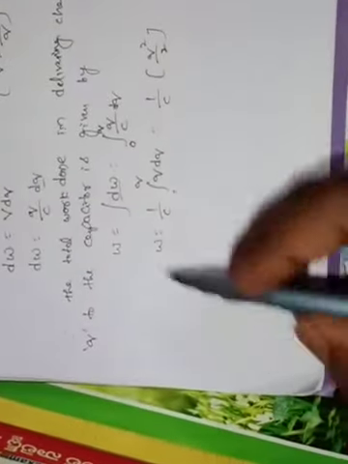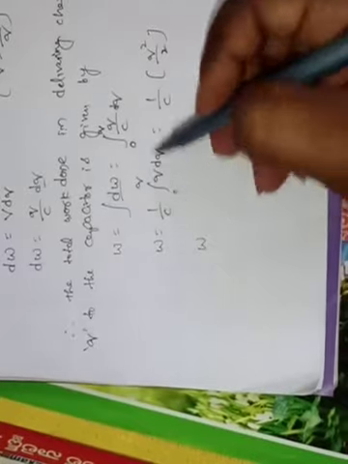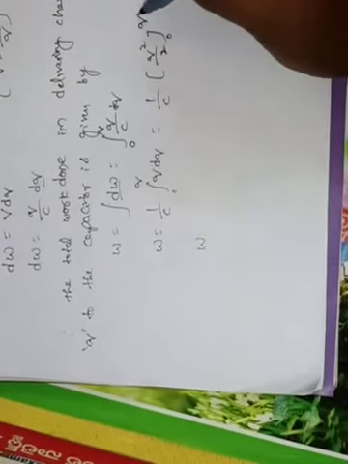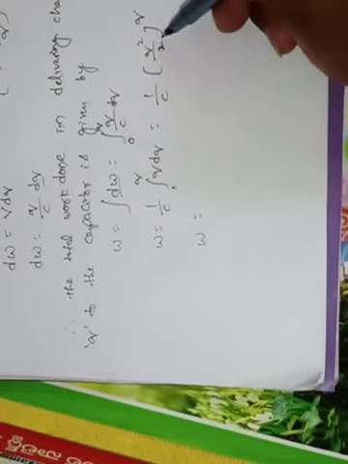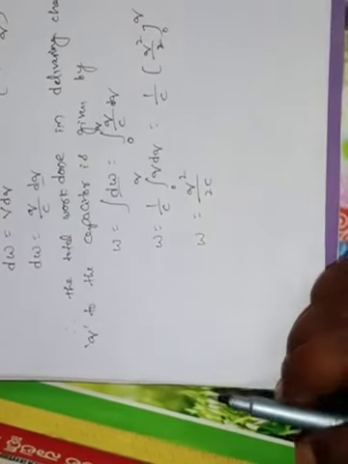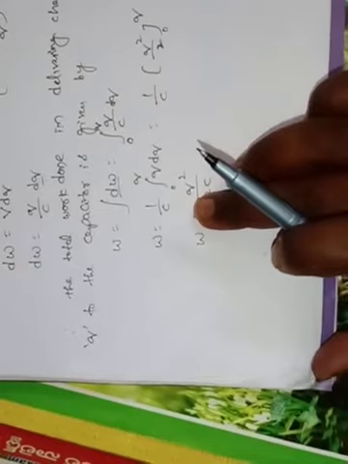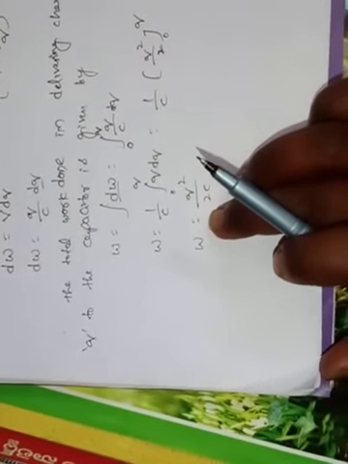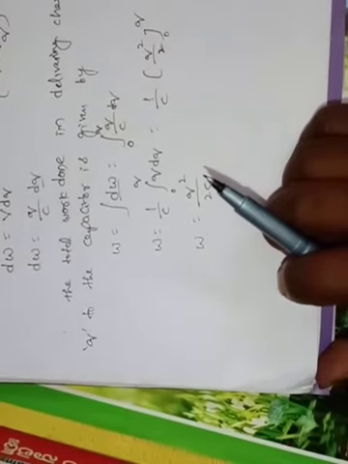So finally what we got: if you apply the limits 0 to Q, we get Q square by 2C. This work done is stored in the form of energy of the capacitor.